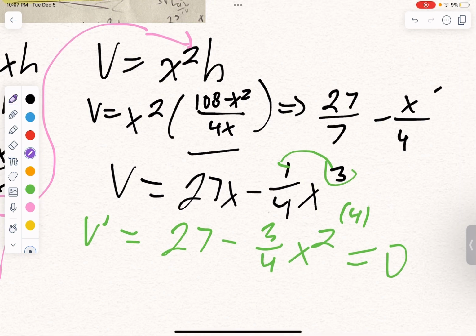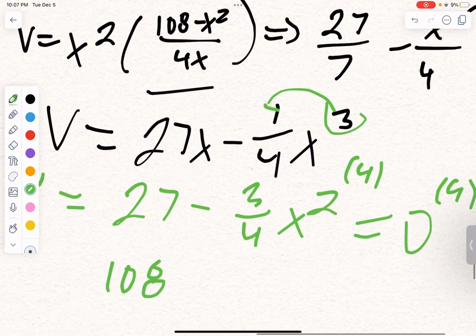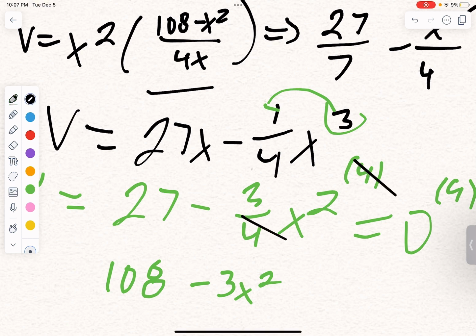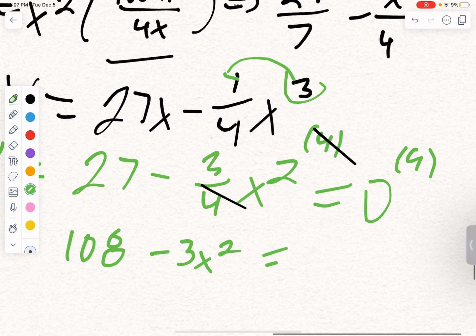I'm going to multiply this by 4. It's still going to give you 0, which gives you 108 minus 3x squared, because these 4's thankfully cancel out, equals 0.